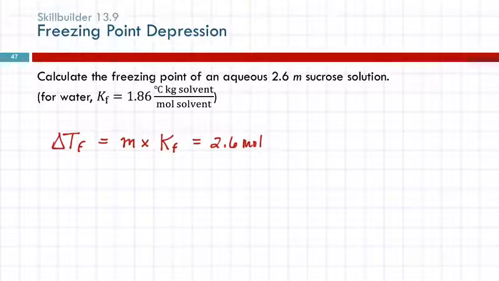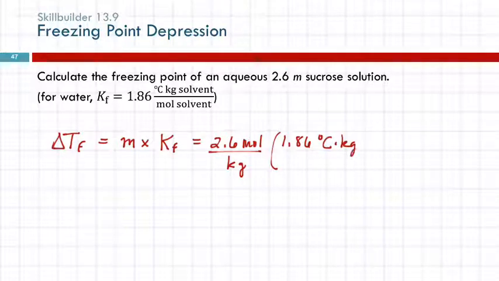Molal means moles per kilogram, times this constant, 1.86 degrees Celsius times kilograms divided by moles. Now there's a typo. See the mistake in the question here? It isn't moles of solvent.